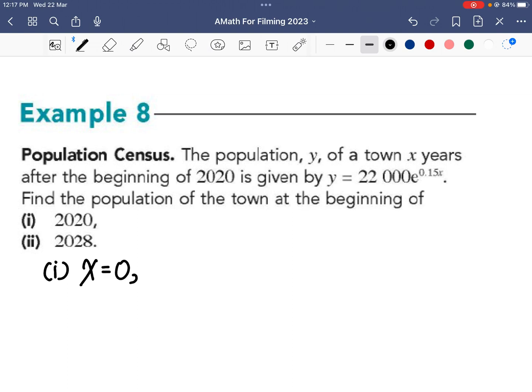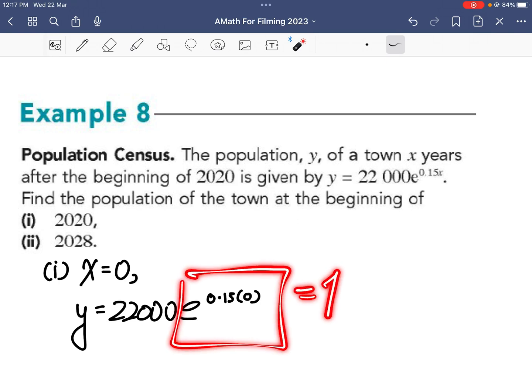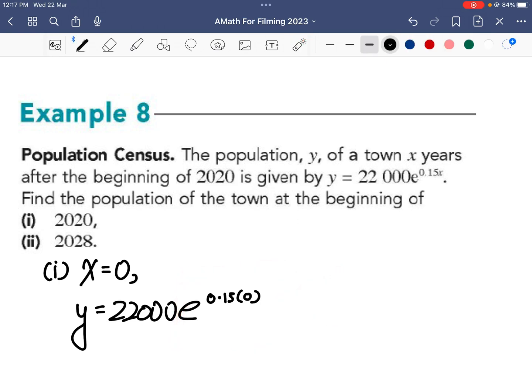Another way to ask this question is, what was the population at the start? So x equals 0. If I solve, y equals 22,000 e to the power of 0.15 times 0. Notice that e to the power of 0 is equal to 1. So the y value is simply 22,000. So the population was 22,000 people.